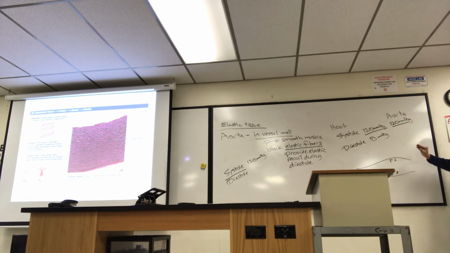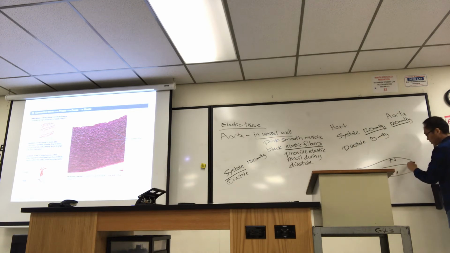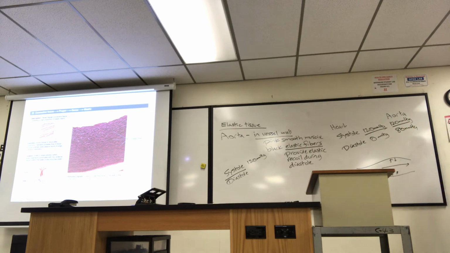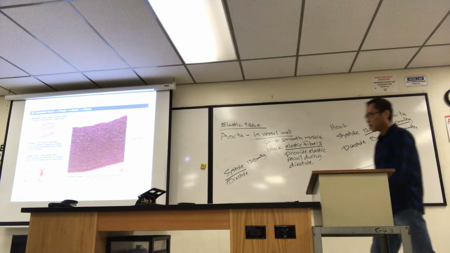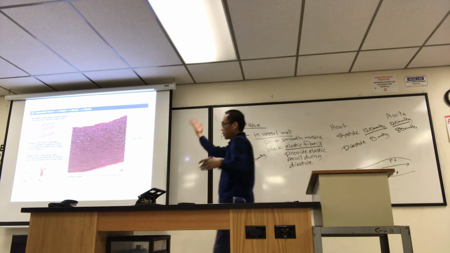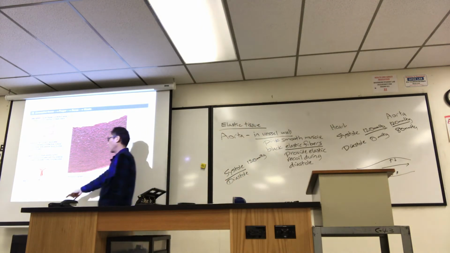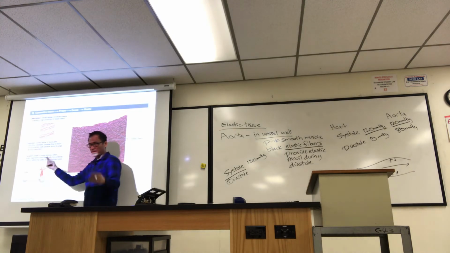And that recoil will help push blood forward while the heart's in diastole. So that pressure doesn't drop to zero. Maybe it drops to like 80. Those are your textbook blood pressure numbers, right? I just want you to know the function, since we're showing you, why is it there? You need the elastic recoil while the heart's resting for the next pump.